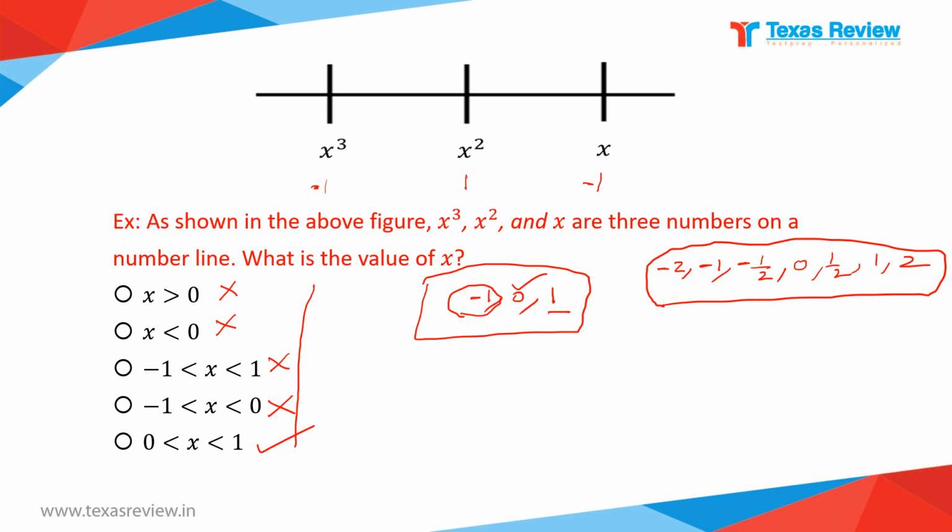This is the variety that should be used in order to prove a statement. But to eliminate, we can simply use -1, 0 and 1 because they have a peculiar behavior when compared to other numbers.